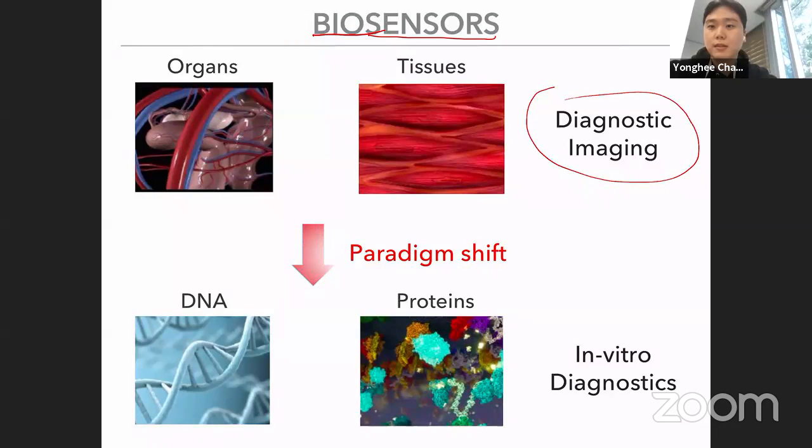So nowadays, the paradigm has shifted from diagnostic imaging to in vitro diagnostics using biosensors. The main advantages of in vitro diagnostics are its speed and accuracy. So the possibility that we can diagnose diseases can increase substantially.